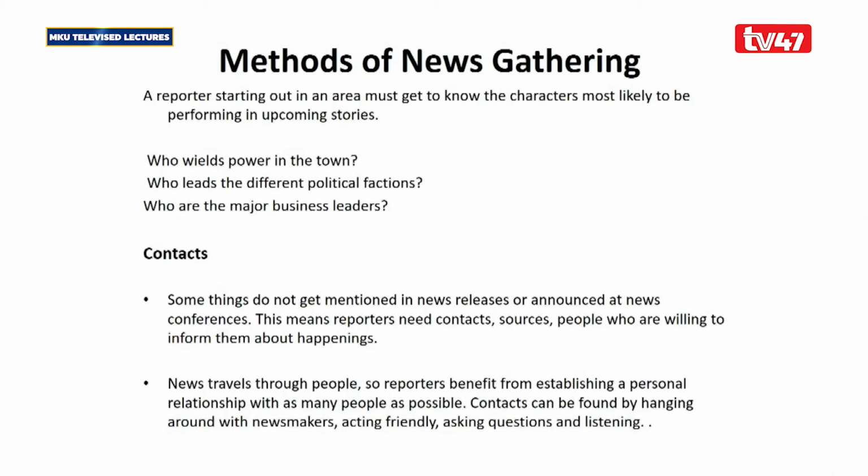So what we are saying in short is that you should be having your own contacts. You should have those people who will keep on informing you what is happening. You get to know what is happening by befriending these people, asking these people questions and the like.